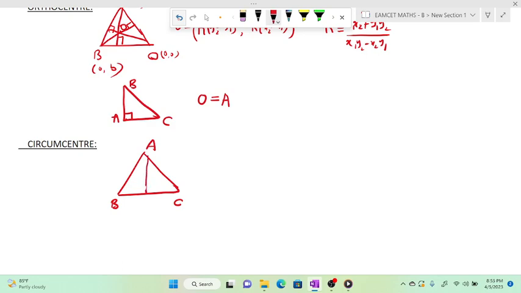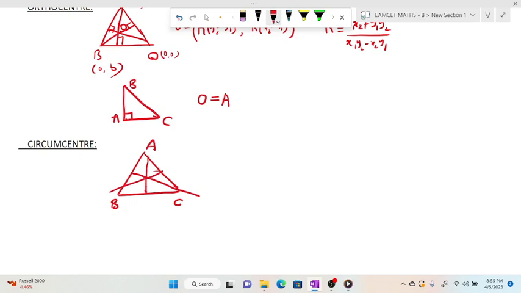Suppose this is perpendicular to BC and is a perpendicular bisector also. This is the perpendicular bisector of AB and this is the perpendicular bisector of the side AC.